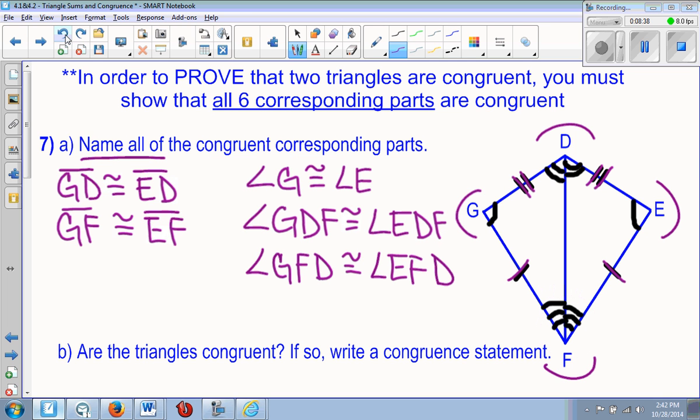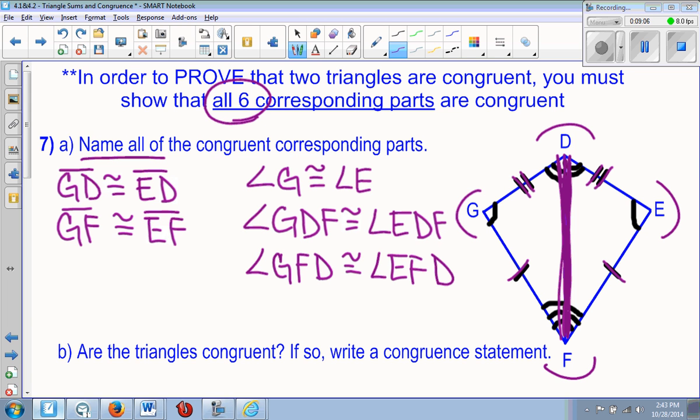So the last thing we need to discuss is that we have 5 congruent parts right now, but to say the triangles are congruent, we need 6. So what we need to notice about this picture is that each of these triangles has side DF as its third side. They share this side down the center. There will be a lot of pictures in this unit that have a shared side like that.